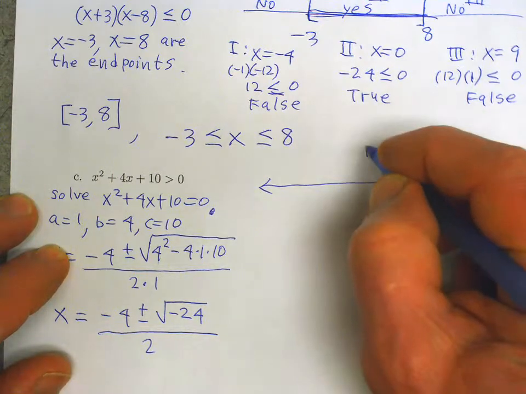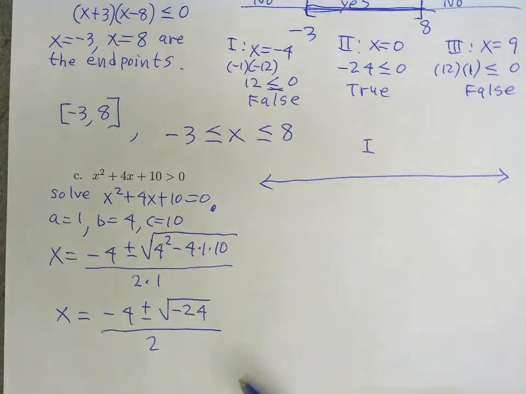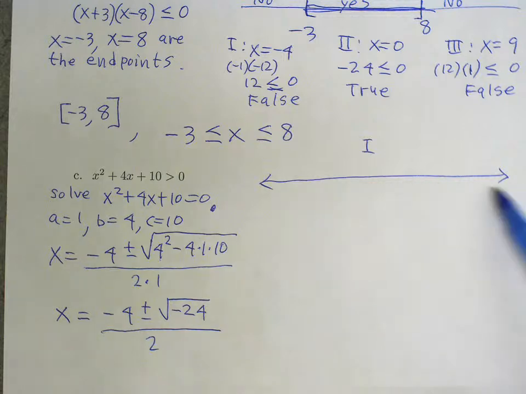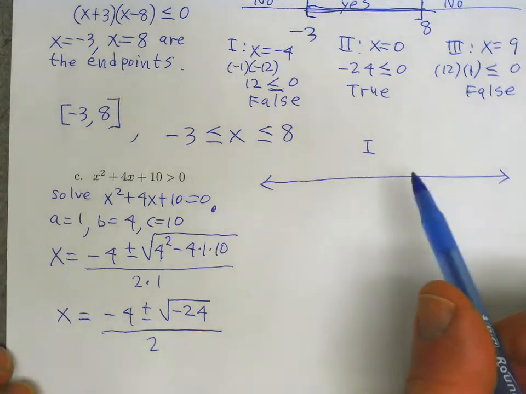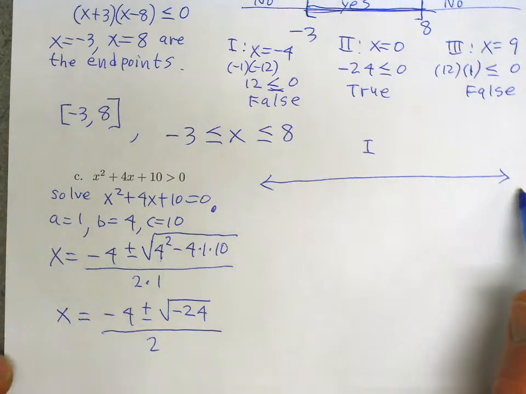It's the entire number line. So we can pick as a test point any number that we want between -infinity and +infinity.